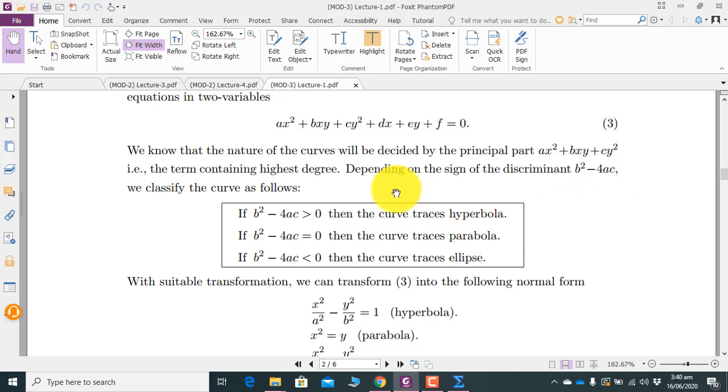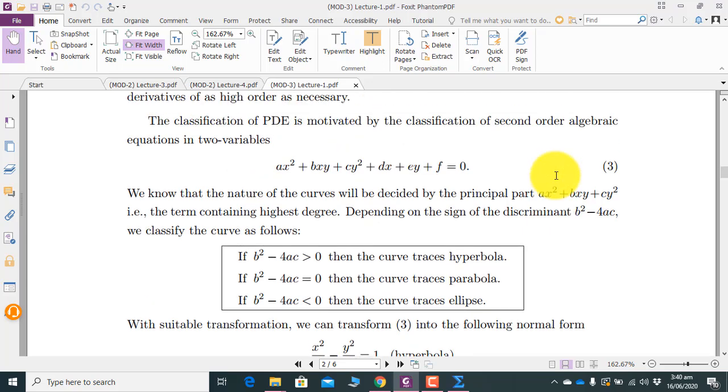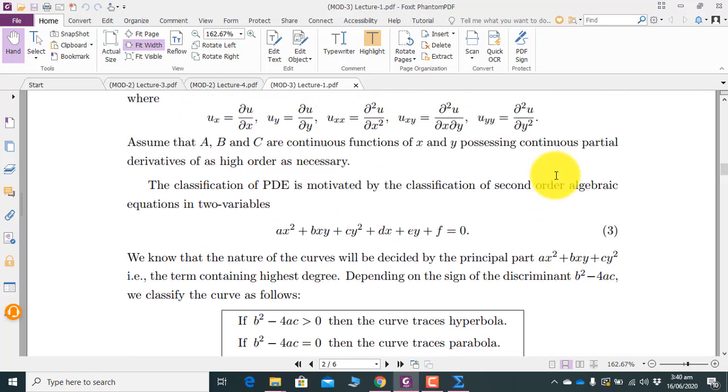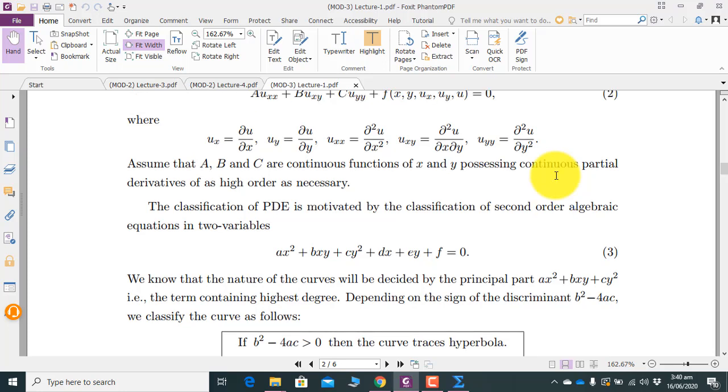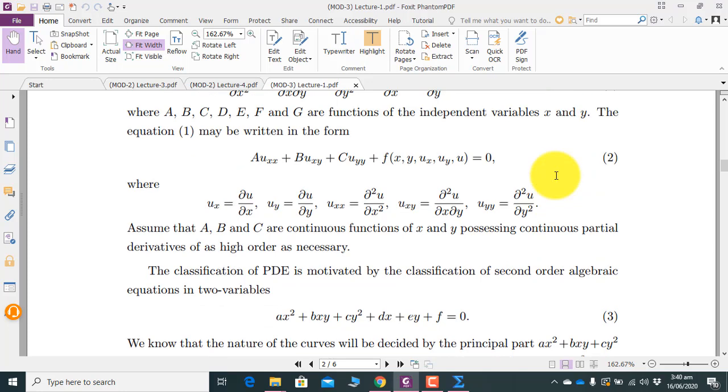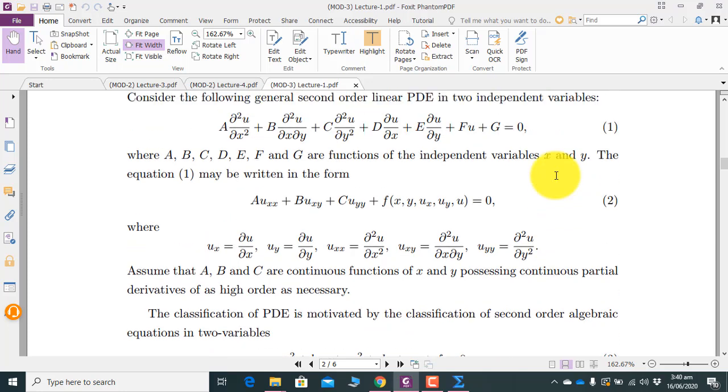This was in the basic classes, but motivated from that idea, the partial differential equations which are analogously written by the well known second order polynomial equation in x and y, the classification depends again only on the initial part, which we have written as auxx plus buxy plus cuyy, and the other part is written as f of something.